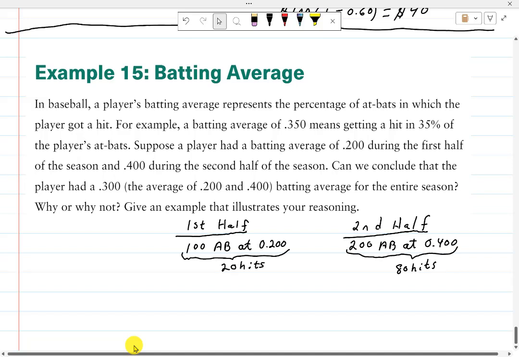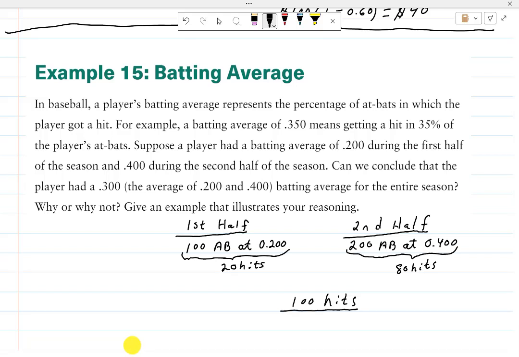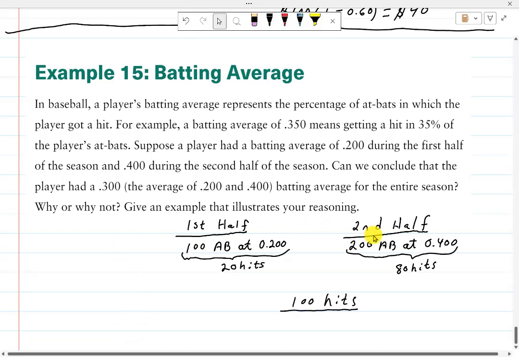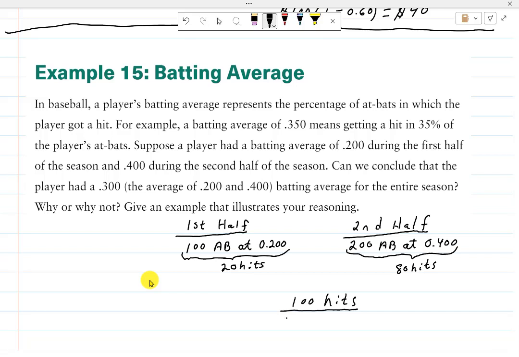So he has a total of 80 hits, a total of 80 plus 20, which is 100 hits, out of a total of 100 plus 200 at bats. So his number is, I'm going to go 4 places, 0.3333 is his average, which is not equal to 0.3. So it depends on if it would have worked out had he batted the exact same number of bats in the second half as in the first half.